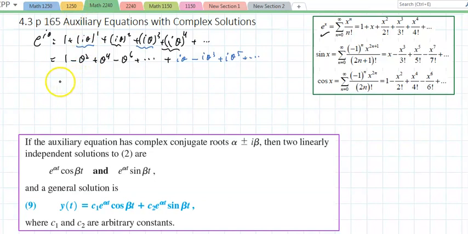I will get this to equal 1 minus theta squared plus theta to the fourth minus theta to the sixth, and the list goes on.